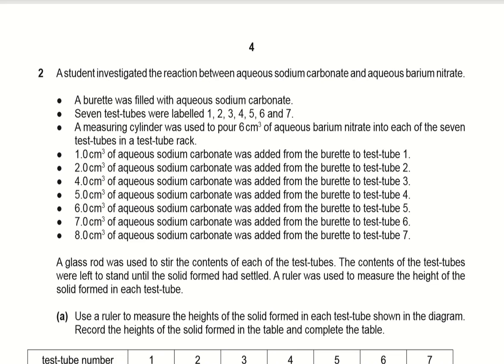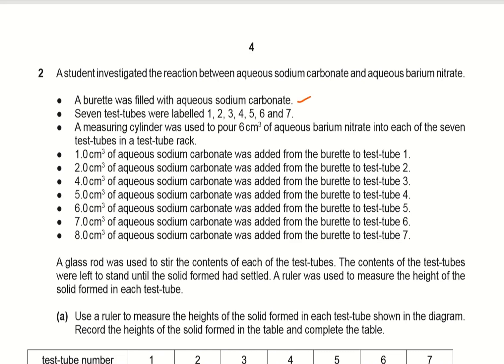Okay, a student investigated the reaction between aqueous sodium carbonate and aqueous barium nitrate. So you can see all the procedure here. A burette was filled with aqueous sodium carbonate. That's step 1 there.